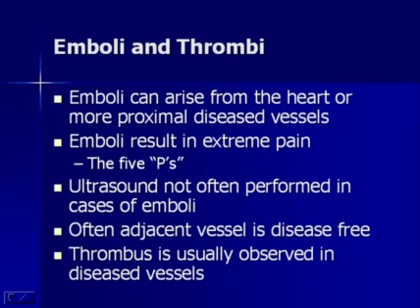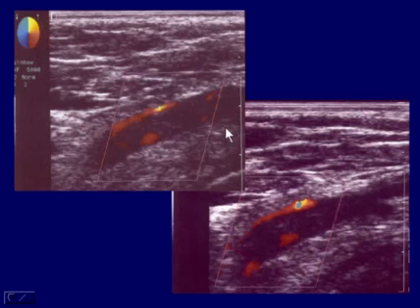This is so sudden and so acute that we usually don't get them over for an ultrasound, but we bring them in to the interventional suite for an embolectomy. If we see them on ultrasound, though, the adjacent vessel is free of disease. Nice, normal-looking artery, and just this big thromboembolus sitting here with a little bit of color flow around it.